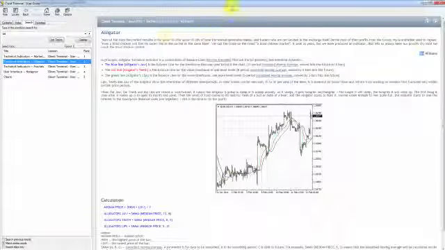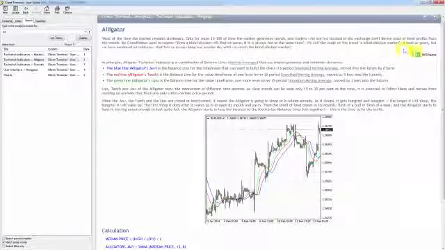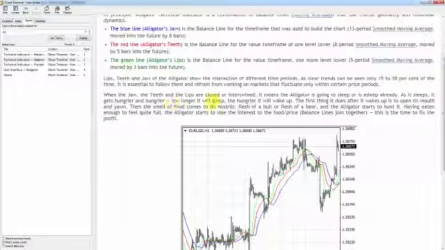Just type in Bill here and pick this one, technical indicators, alligator. And what you will find is there are some interesting quotes from Bill Williams here, which are worth a read. So this is what I wanted to read out to you. I might zoom in a bit so you can see better.